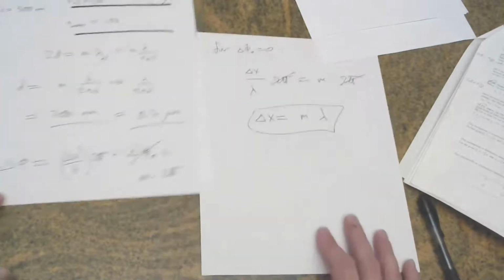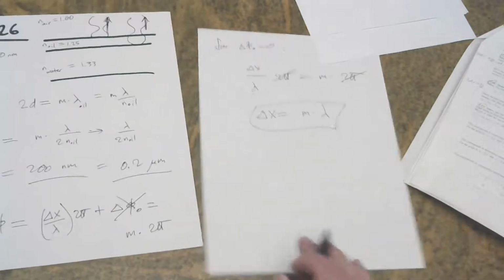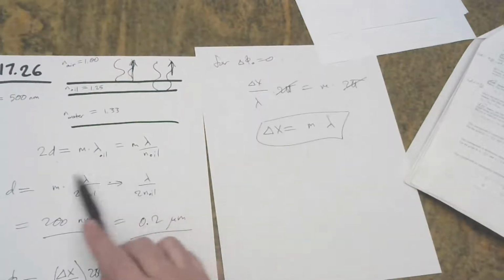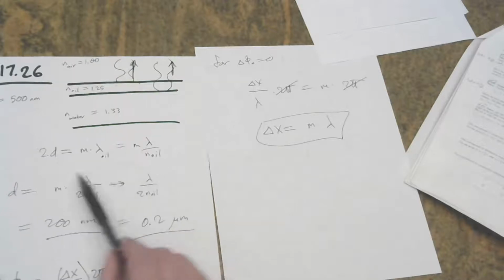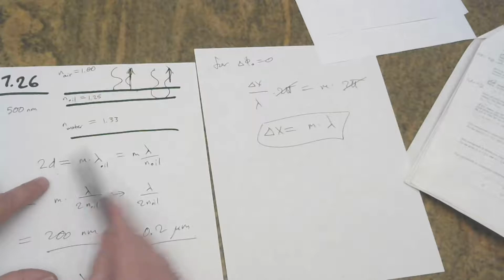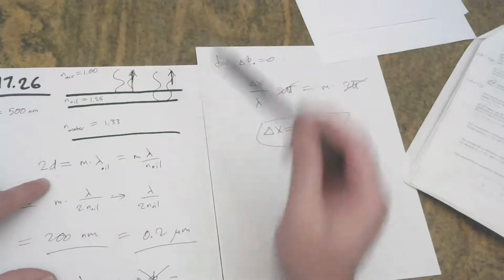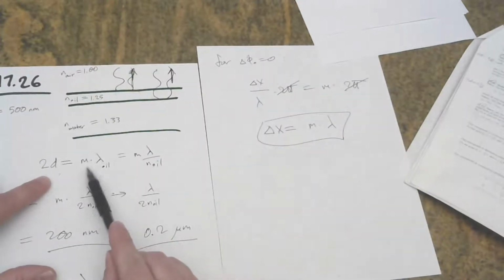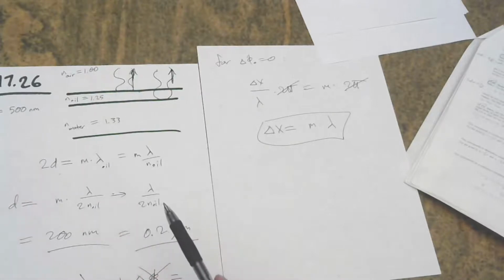So if I do that, I'm going to wind up at the same formula. That's really what I'm saying here, right? The total path length difference is 2 times d, thickness down, thickness up, and I'm setting that equal to an integer number of wavelengths in the medium.